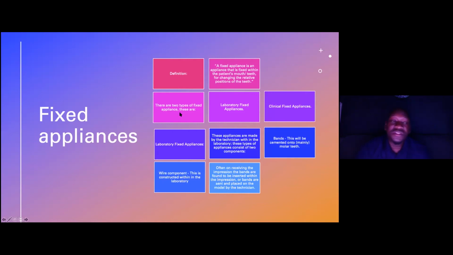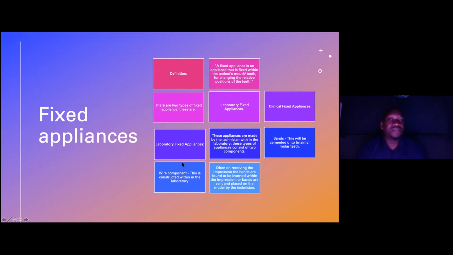And when it comes to fixed appliances, there are two different types. So we have the technical side or the laboratory side, and then we have the clinical side. Like we spoke about before, the clinical side is the Begg and the edgewise. But when it comes to the technician side, it's primarily a band cemented onto the molar teeth, and then they will have a wire component.